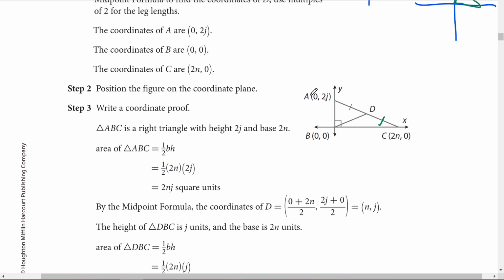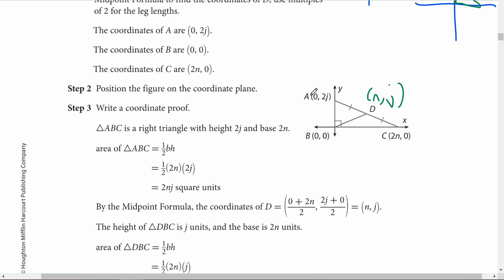If D is halfway between A and C, well, horizontally, the full length is 2n, so halfway would be just n. Vertically, the whole distance is 2j, so halfway would just be j. So we have the coordinates for point D. It's (n, j).